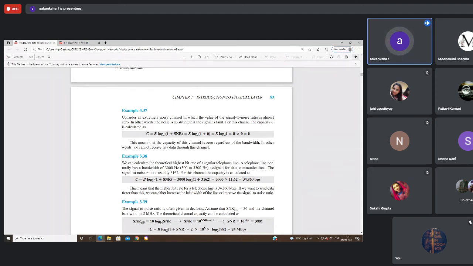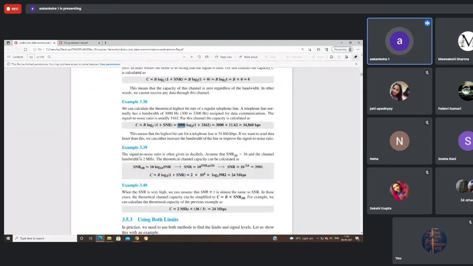This means the highest bit rate for a telephone line is 34.860 kbps. If we want to send data faster than this, we can either increase the bandwidth of the line or improve the signal to noise ratio. In these ways, you can increase the capacity of the telephone line.